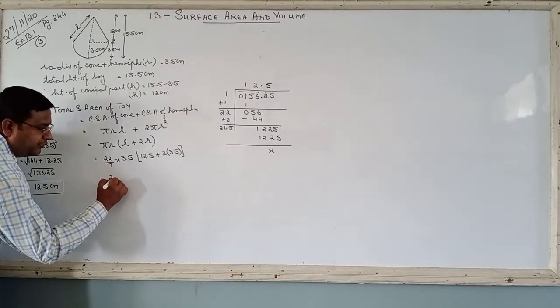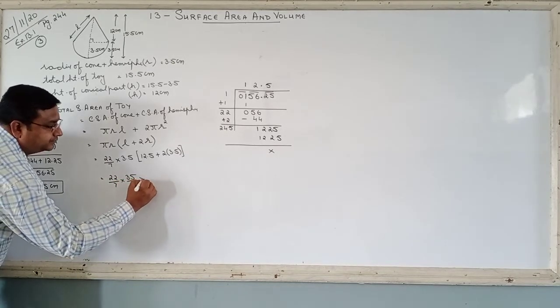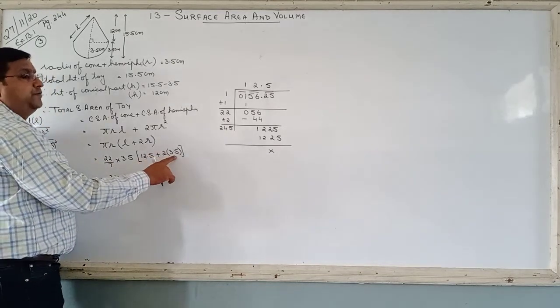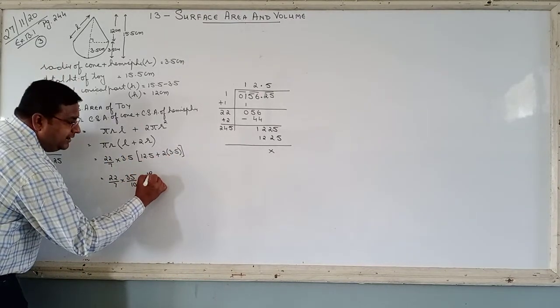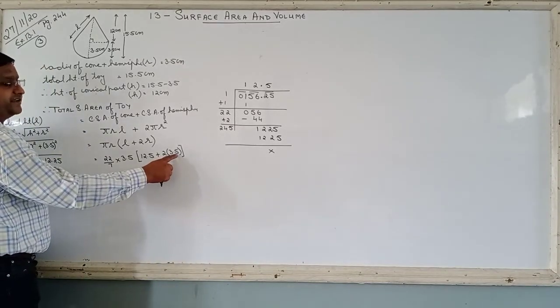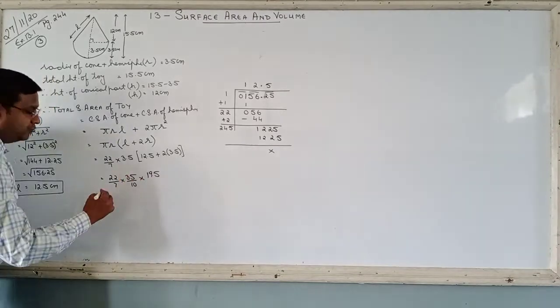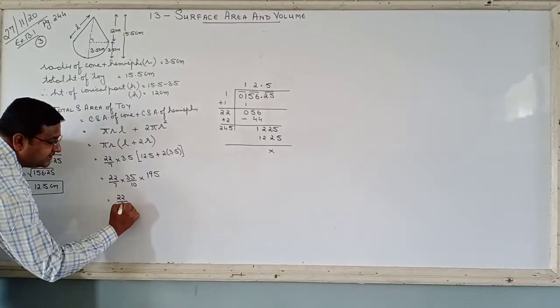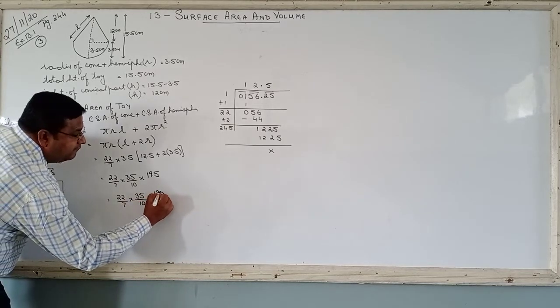Substitute the value, solve it. 22 by 7 into 35 upon 10 into 2 into 3.5, 7, plus 12.5, 19.5. I have solved it directly. Remove the decimal. 22 by 7 into 35 by 10 into 195 by 10.